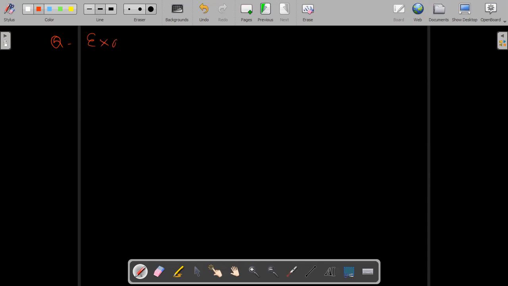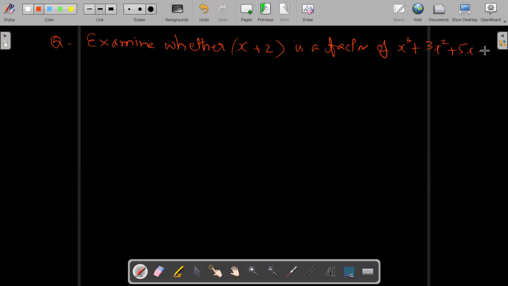Examine whether x plus 2, a linear factor, is a factor of x cube plus 3x square plus 5x plus 6.